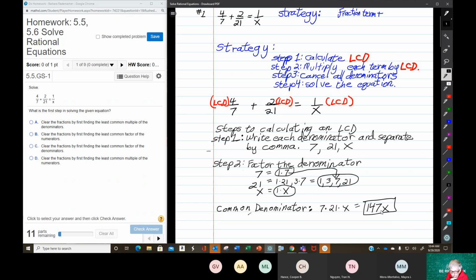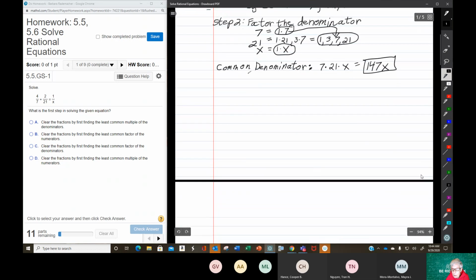So an easier way, when it comes to multiplying, the smaller your numbers, the easier it is, is writing a lowest common denominator. And for that, we need this factorization I wrote down.